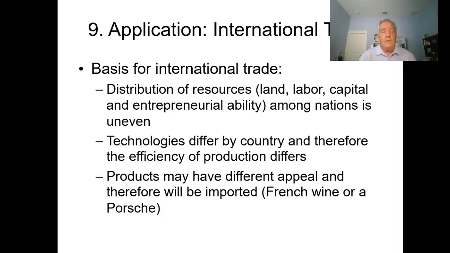And thirdly, products have a different appeal. Based on sophistication or preferences, we may prefer a product from another country. For instance, French wine rather than wine from Napa Valley in California, because we prefer the French taste, although Napa wine seems to be doing a lot better against foreign competition than it was before.